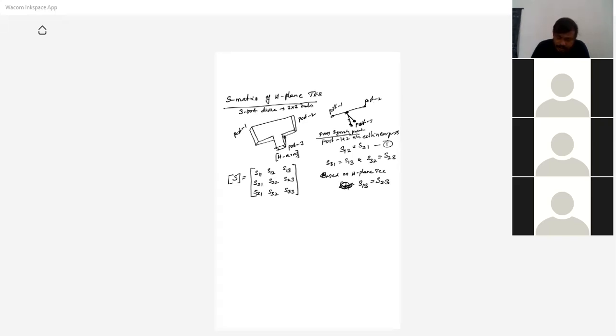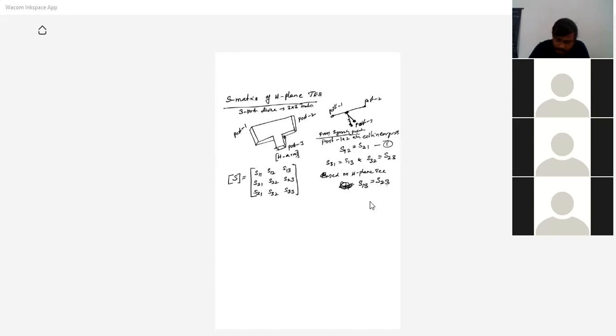S23 means 2 is the output, 3 is the input. What is the H plane actually? If you apply some power at port 3, it is equally divided and appears at port 1 and port 2. Both are in phase only. That means you can write S13 is equal to S23.